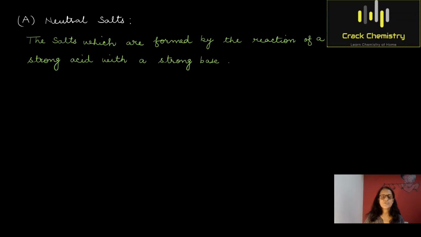So, one example I just discussed is the salt formed by the reaction between sodium hydroxide and sulfuric acid. We can write the formation of sodium sulfate: 2 moles of sodium hydroxide react with 1 mole of sulfuric acid, and the salt formed is Na2SO4 plus H2O.